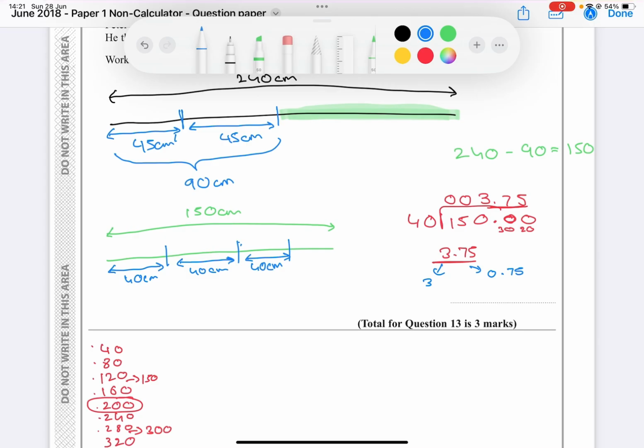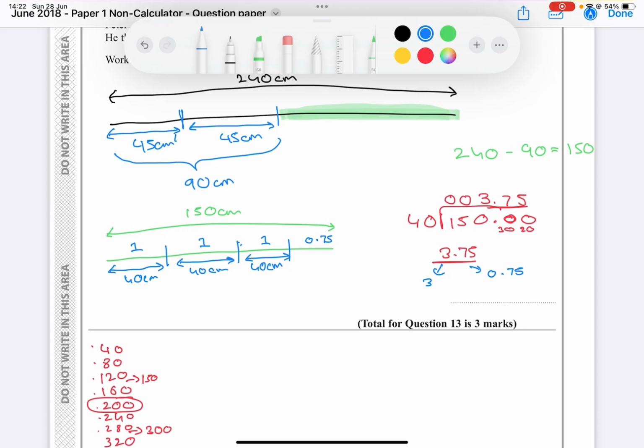So this is one whole over here, this is another whole over here, this is another whole over here, but this over here is just 0.75, okay? So this is not actually 40 centimeters. We can actually work out how much it is, just so that you understand why we actually don't take this into our answer and just write 3.75, okay?